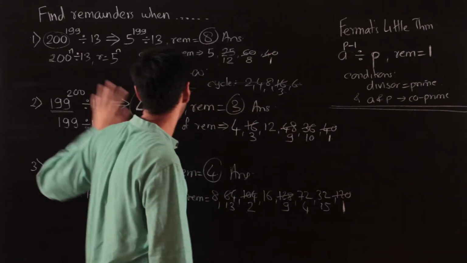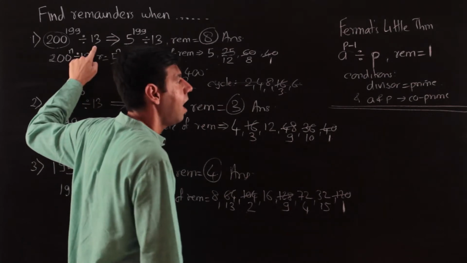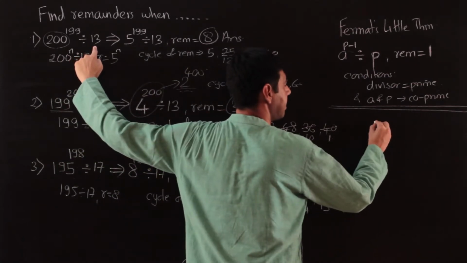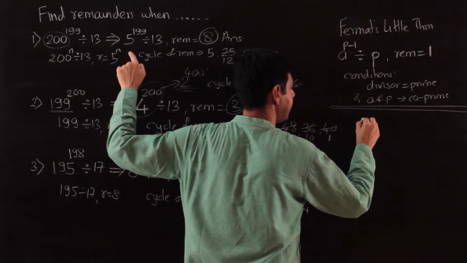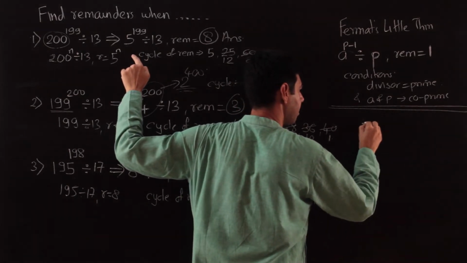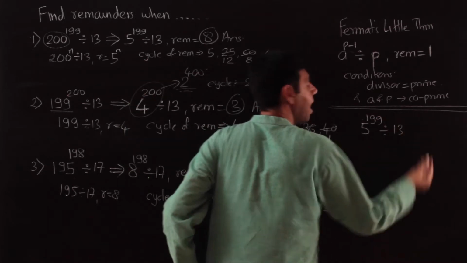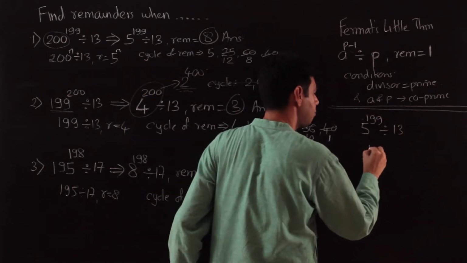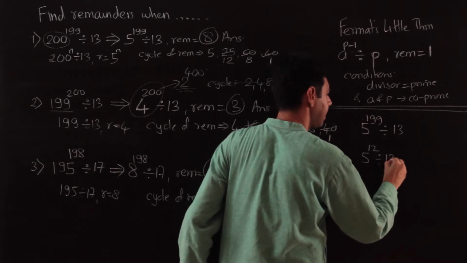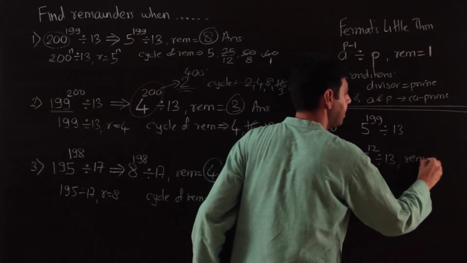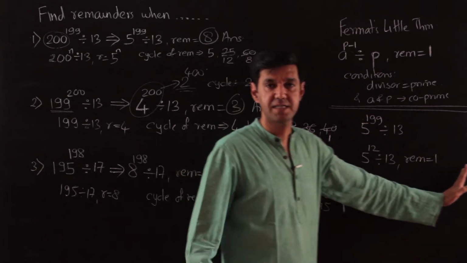So let's take the first question here. The divisor is 13, 5 raised to 199 divided by 13. Yes, 5 raised to 12 divided by 13 will leave a remainder of 1. This is what Fermat's little theorem states.